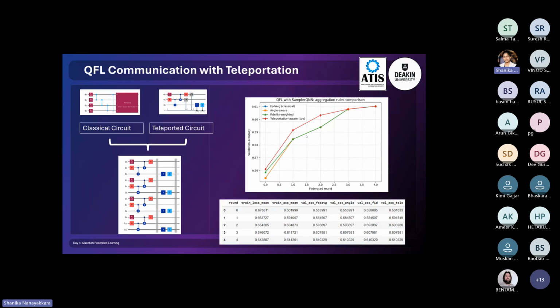The bad clients at the same time get low fidelity because they contribute less. Thus teleportation-aware aggregation becomes the strongest and most stable method. But you can have other kinds of methods because these are not fully established in the QFL aggregation scenario.